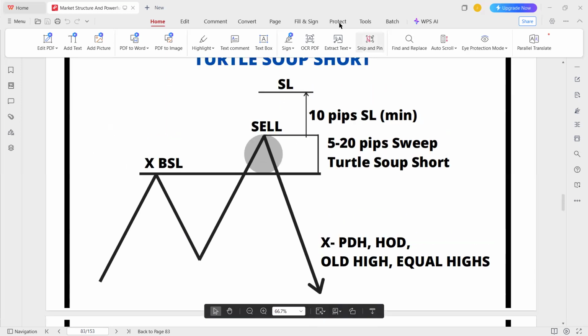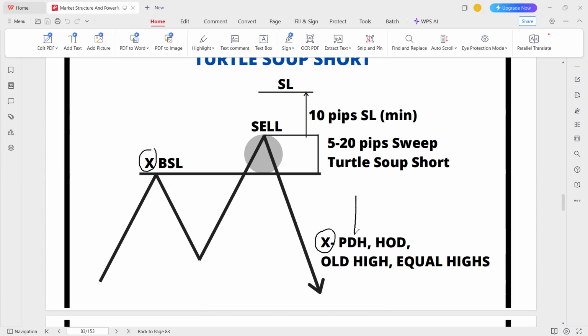So the author also explains this X you see. It simply represents that zone, which, since we are selling, has to be either the previous day's high or the high of the day. So this is what we call variations. It's not always that you're going to get price reacting off the previous day's high.